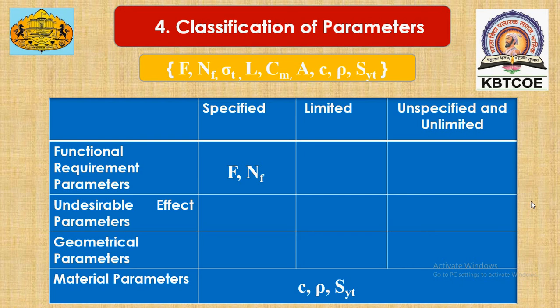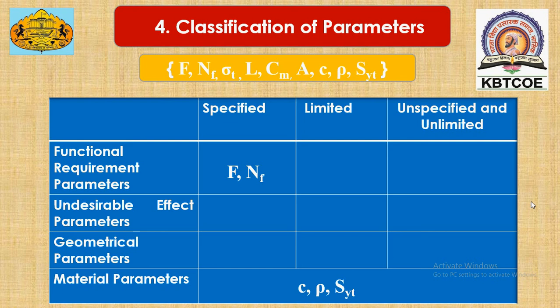Now next, write down the geometrical parameters. These are related to the geometry of the bar. So length L and cross-sectional area A are the geometrical parameters. Length L is a limited parameter; that length is specified in the problem. But the cross-sectional area A is an unspecified and unlimited parameter, and that you have to find out.